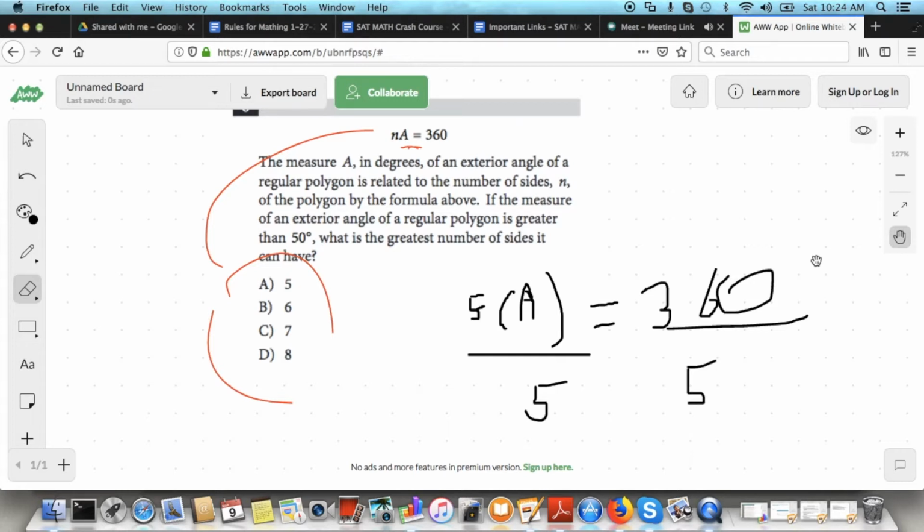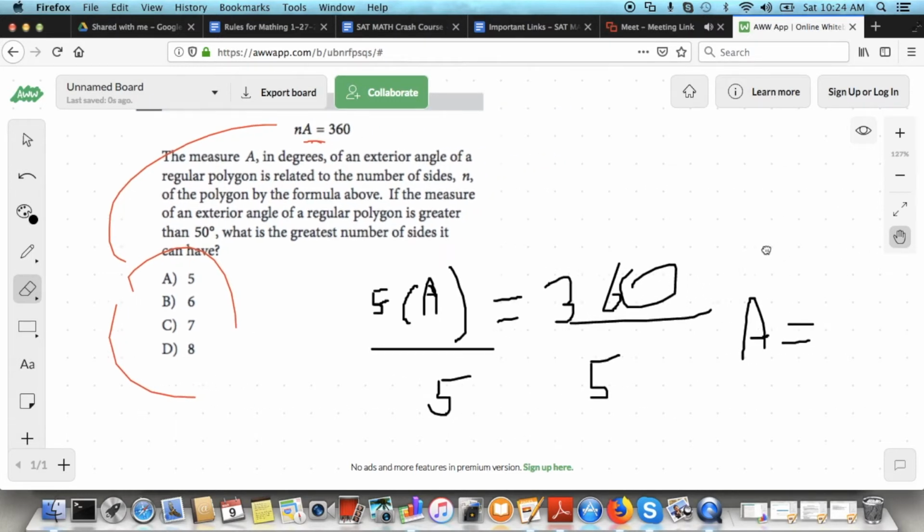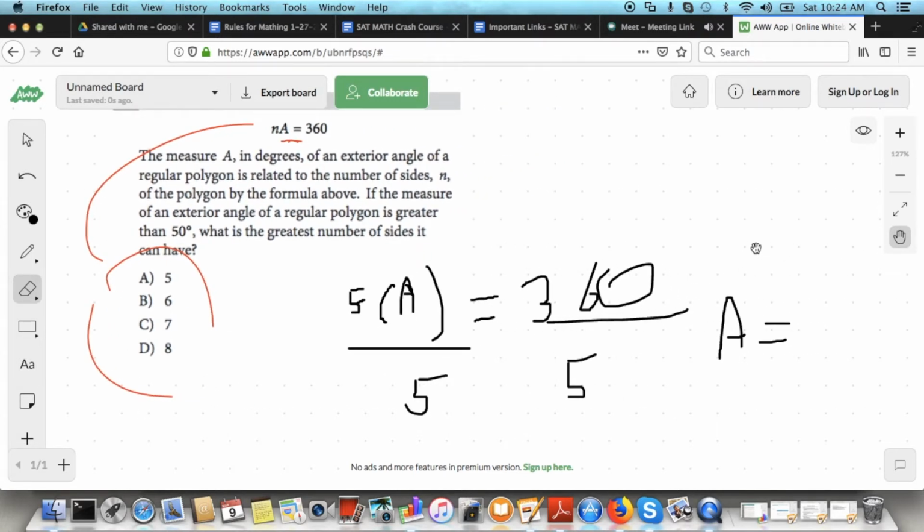And A. You can use a calculator here if you like. I'm not sure, I think it's not in the no calculator section, but the question is, is that bigger than 50? It is greater than 50. It's 72. Yes, it is. Okay, good. Any questions about that?